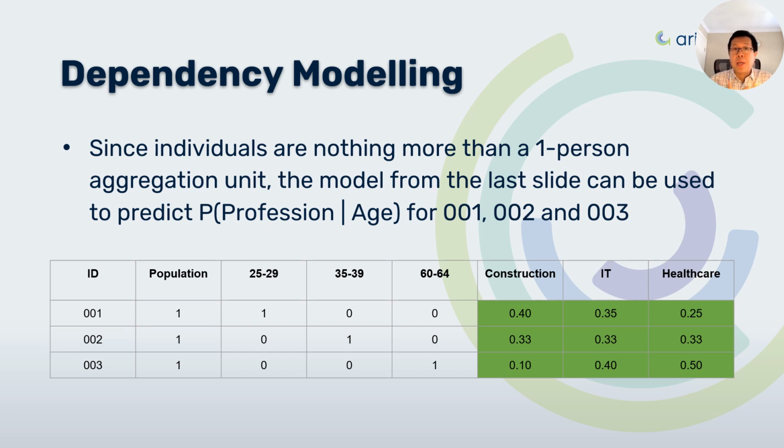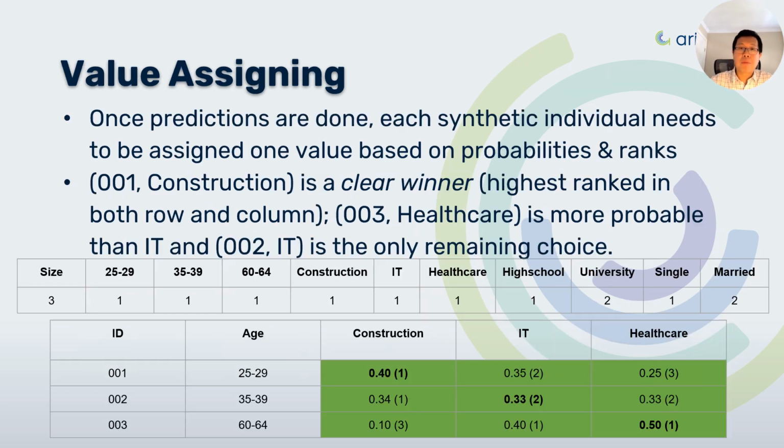And when we have one-hot encoded all of our individuals, we can now ask our model to make a prediction. So our model makes a prediction and says that for the first person, there's a 40% chance that they're in construction, 35% chance that they're in IT, and 25% chance that they're in healthcare. And for the other individuals, the model has also made its predictions.